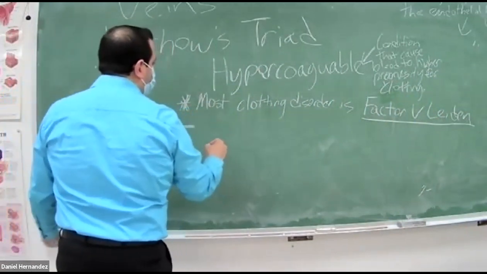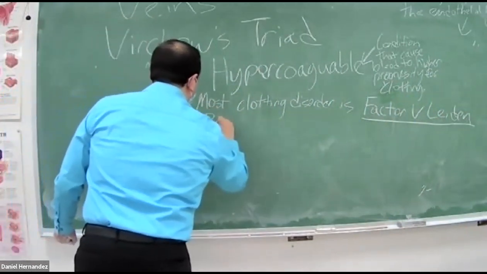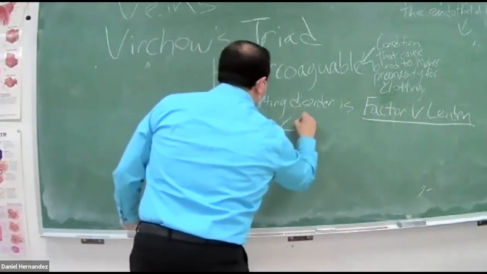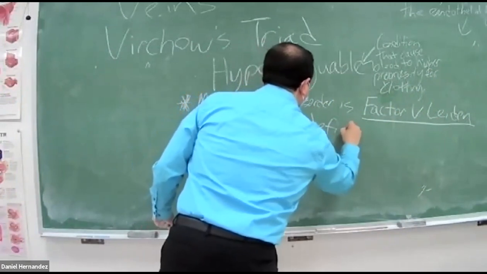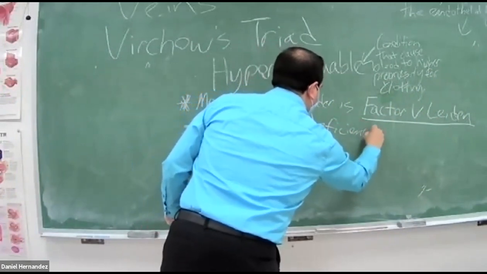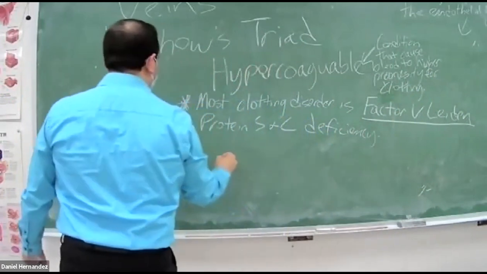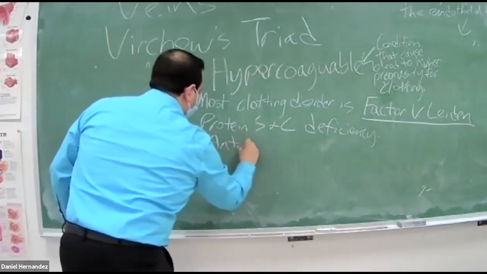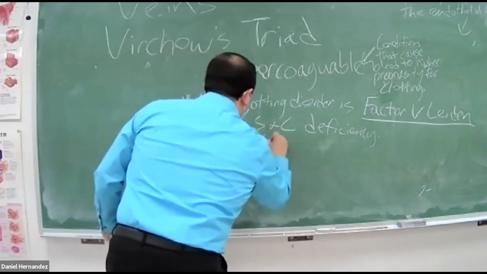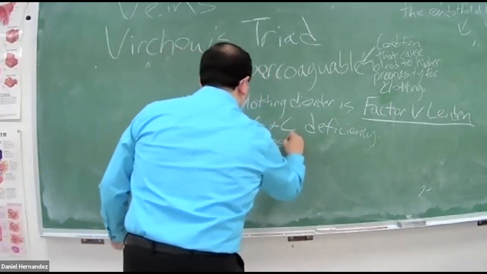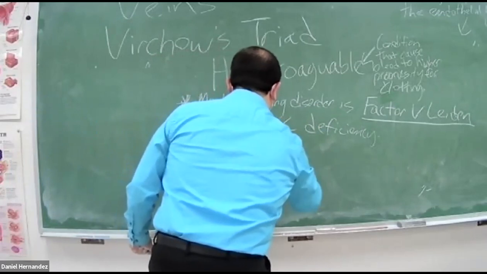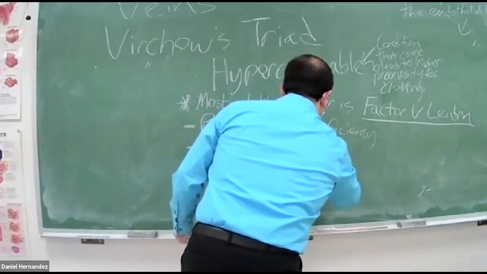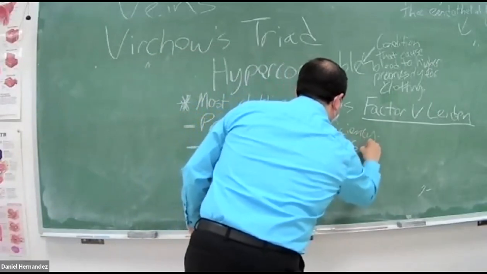Other clotting disorders will include protein S and C deficiency, and antiphospholipid syndrome.